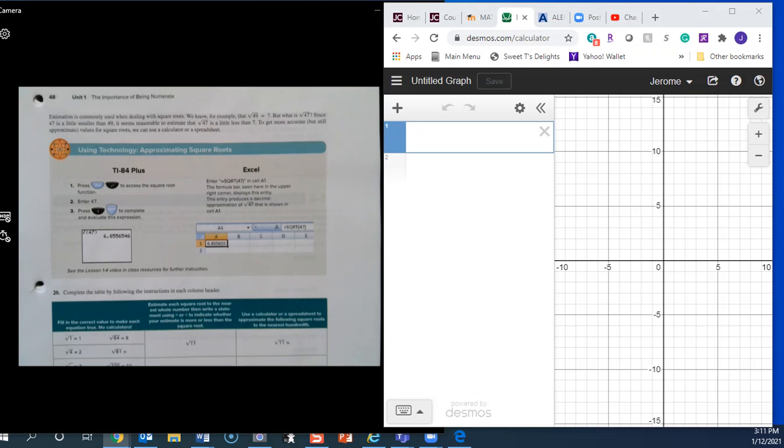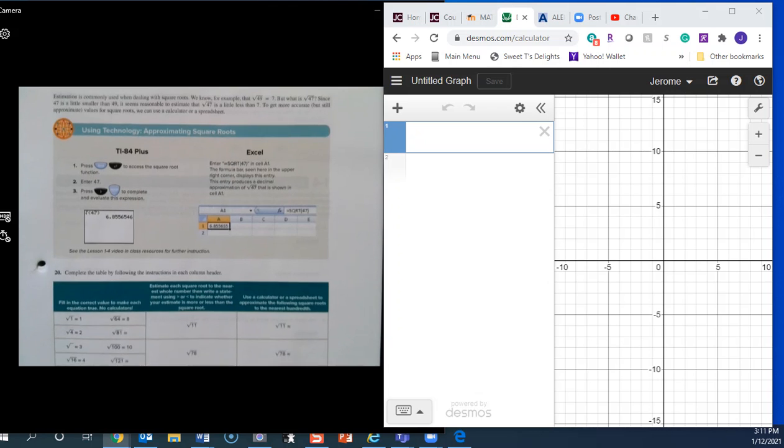Now, you can use a TI-84 calculator if you so choose. That's fine. However, I basically use Desmos for this class. I can occasionally do a few things on the TI-84 if there is a need.